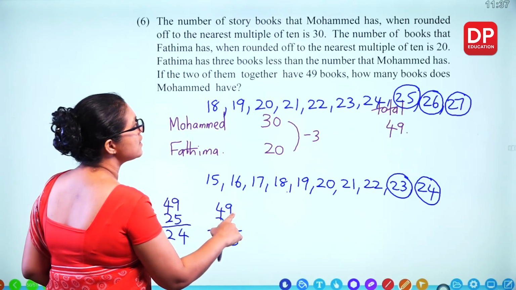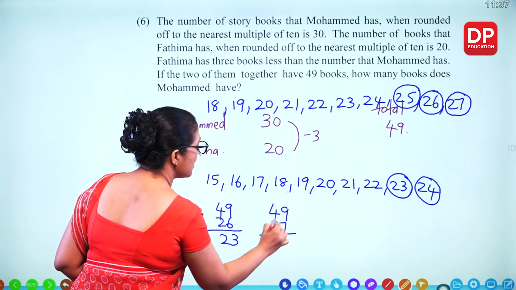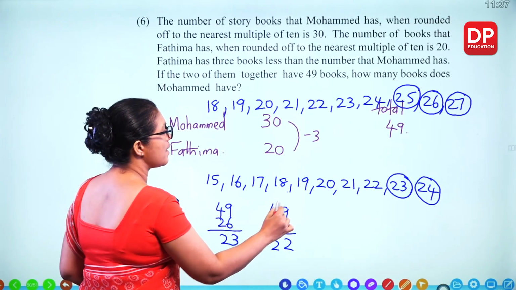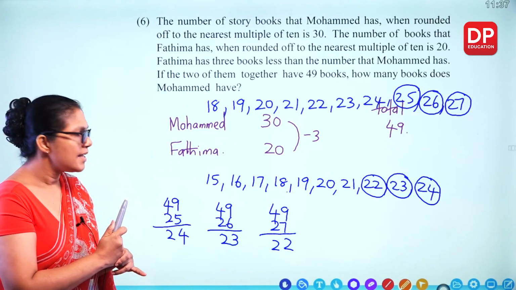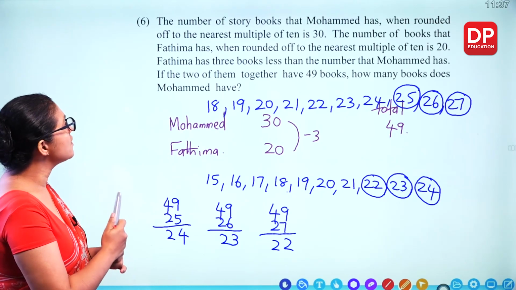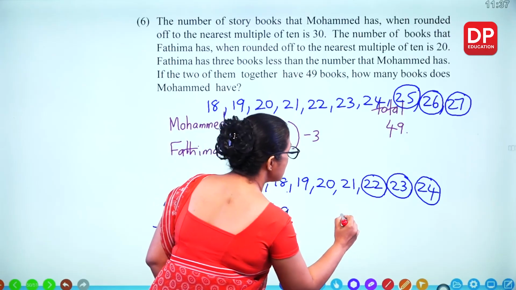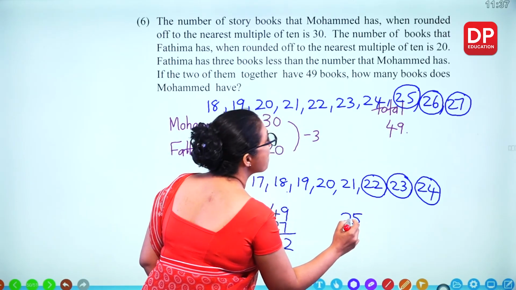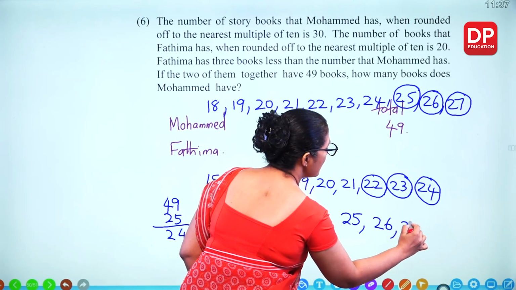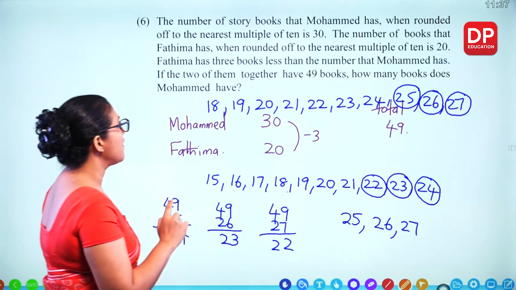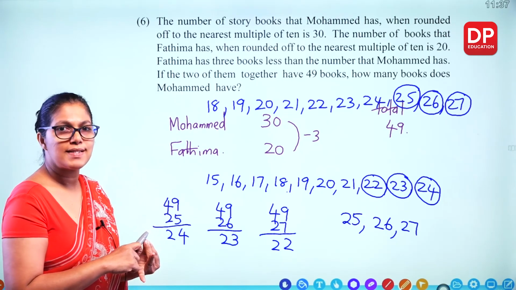And if it's 49 and 27 we selected, then 22 is there. So that's also possible with these numbers. So what are the possibilities? You can get either 25, 26 or 27. So 3 possibilities are there.